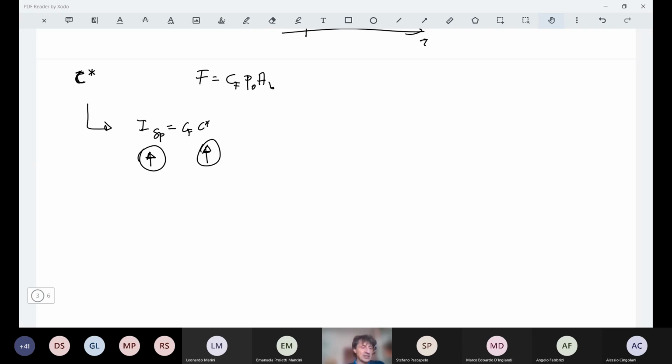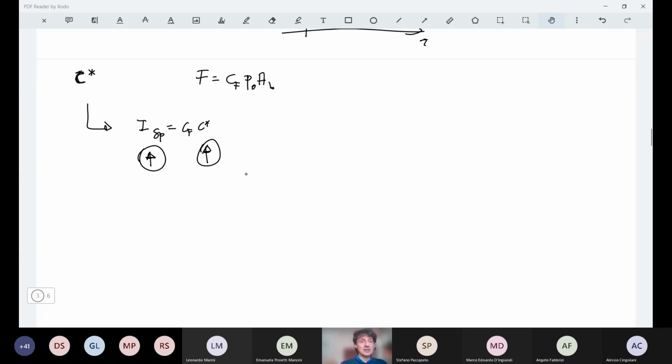So of course, the high exit speed means high kinetic energy, and to reach high kinetic energy, we have to start with a given level of energy available. Pressure tells us how we can accelerate the flow, but at the end, the content of energy is related to the C star.